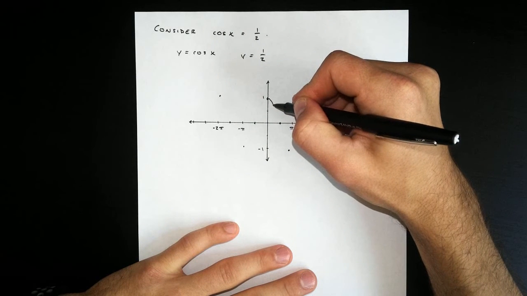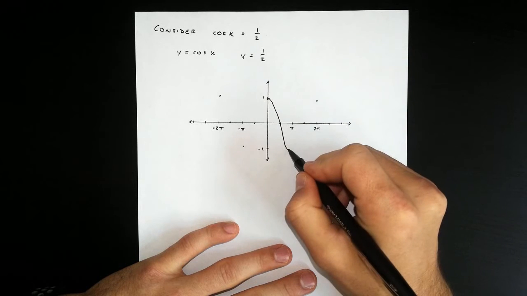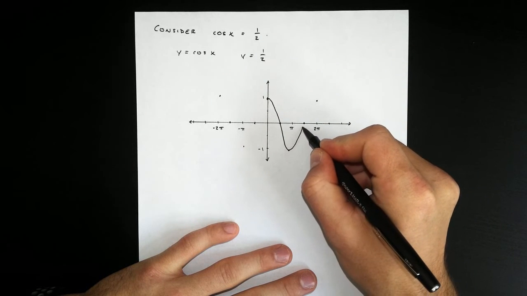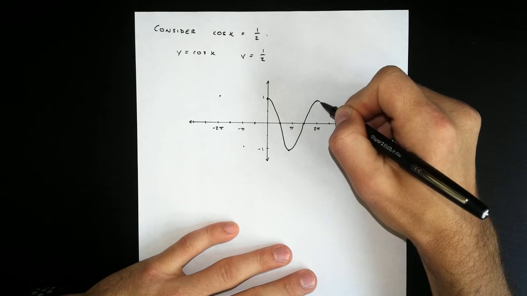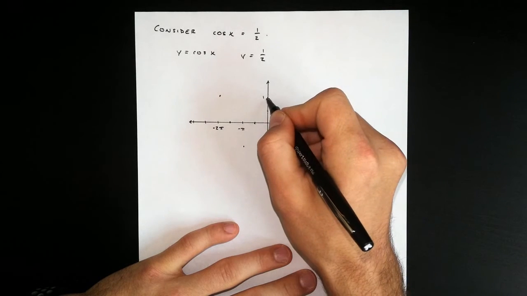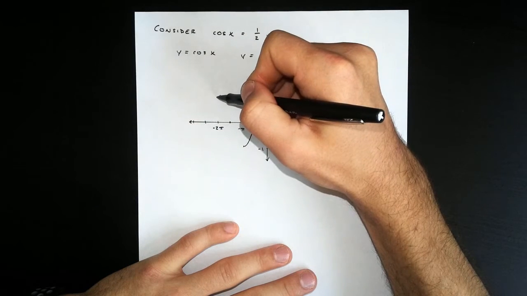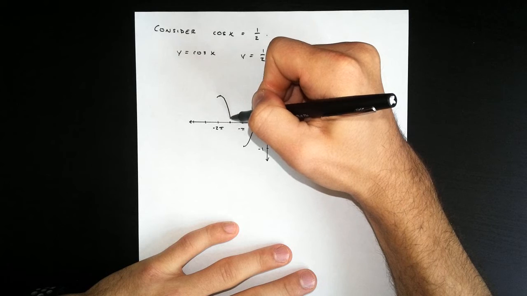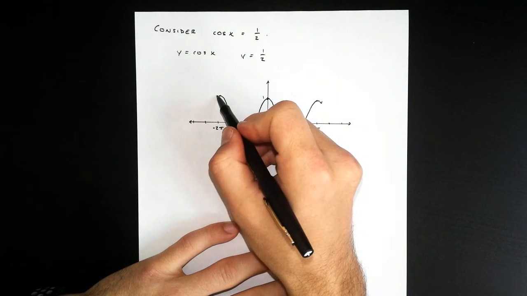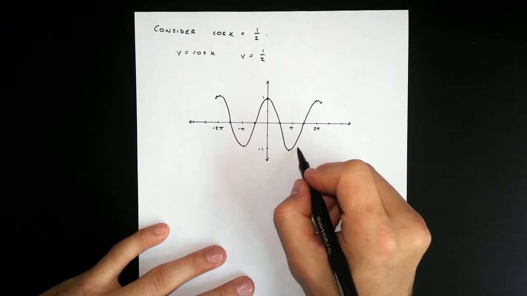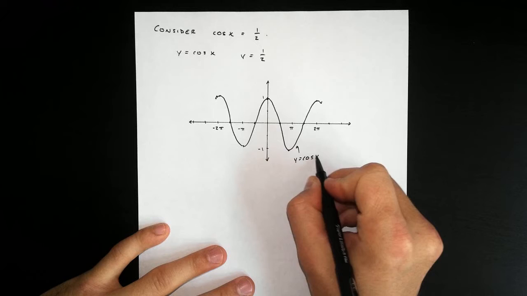I'll do my best to connect these with a nice smooth curve. Okay. So this is our equation y is equal to the cosine of x.